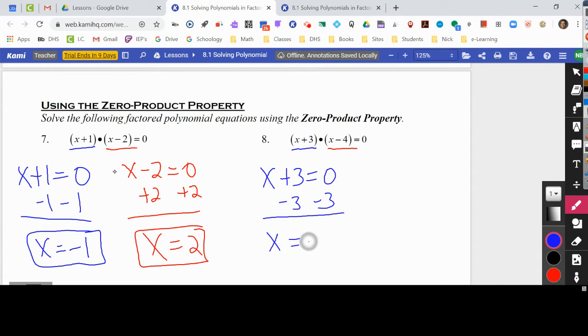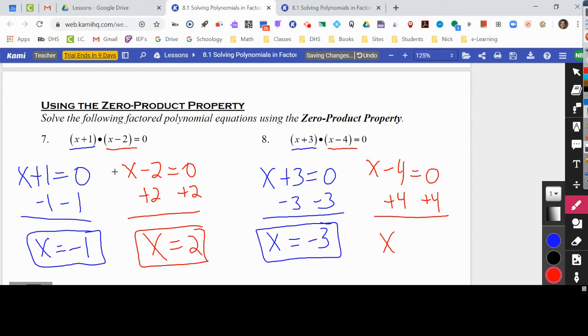You get x is equal to -3. Or you have x minus 4 is equal to 0, and this time I'm going to add 4 to both sides to solve, and you get x is equal to +4. So I have two different solutions here.